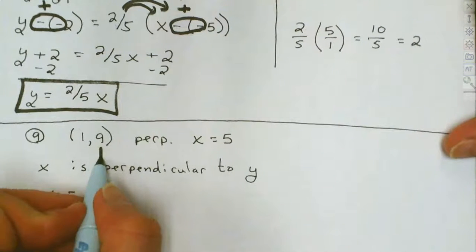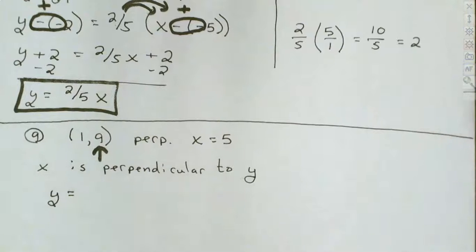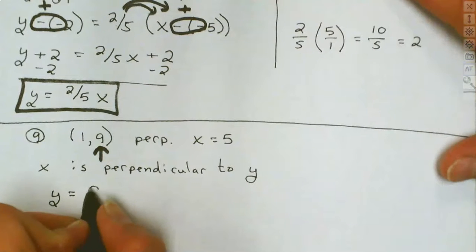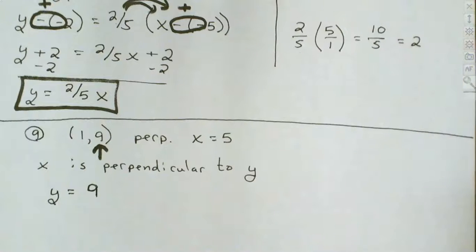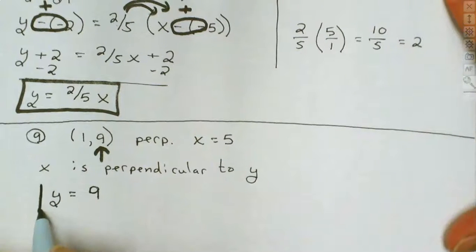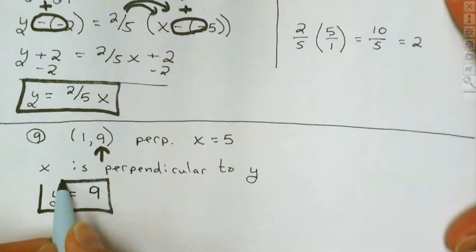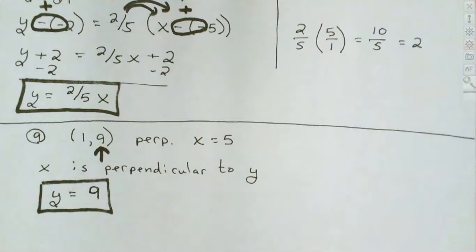And what's our y component of this ordered pair? The y component of this ordered pair is simply what? Is simply 9. So what would our answer then be? Y equals 9. And that is one of the questions that's most commonly missed on an exam.